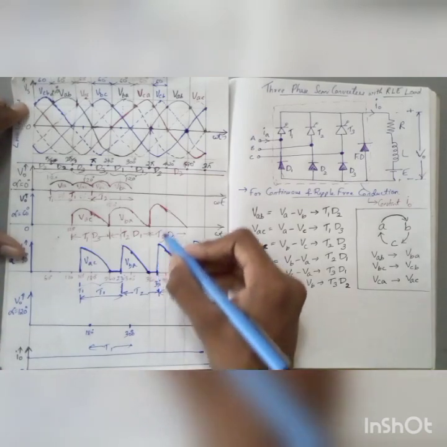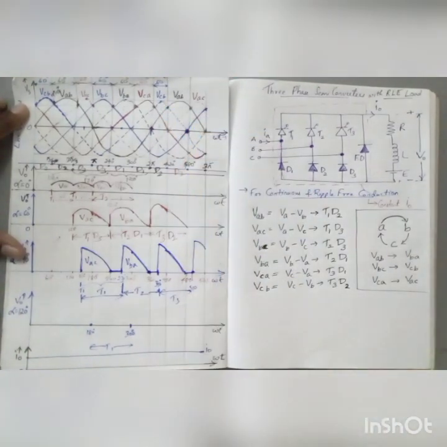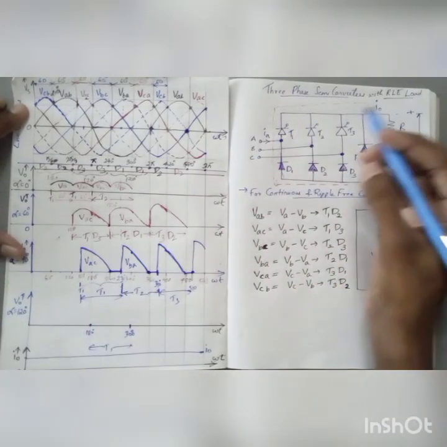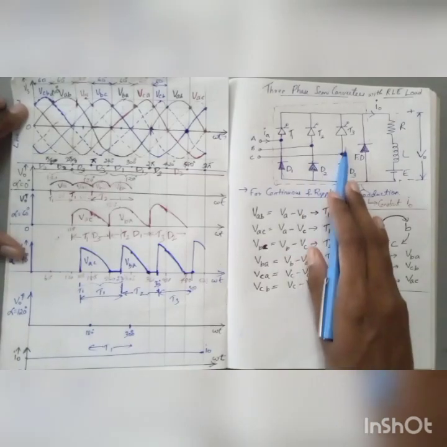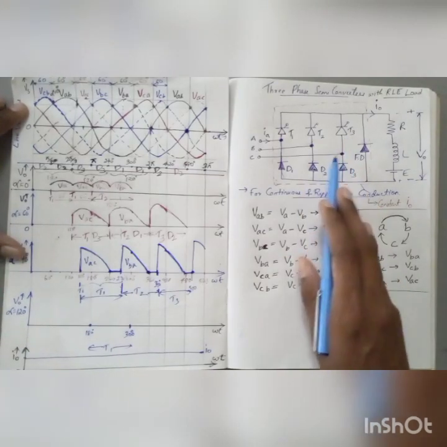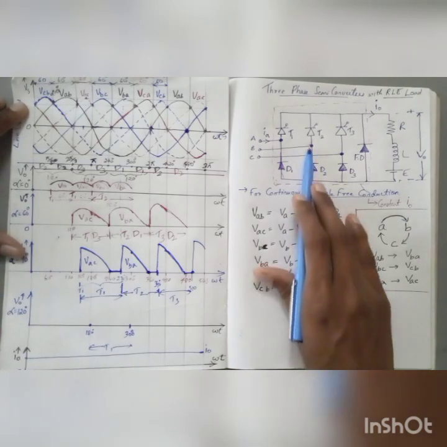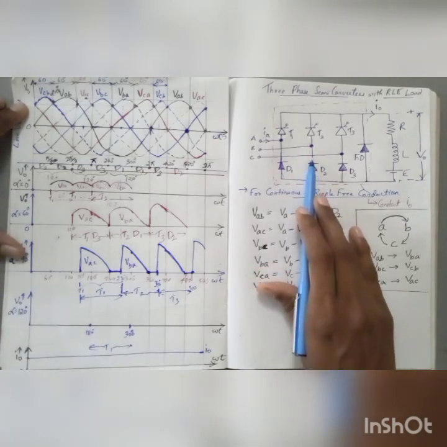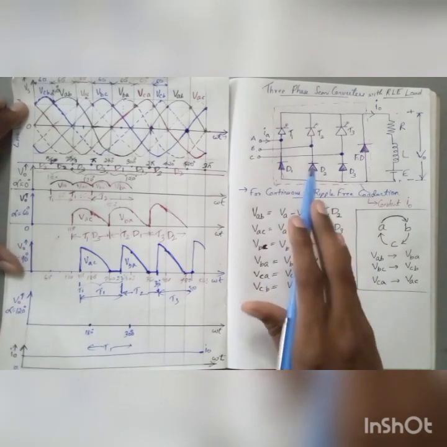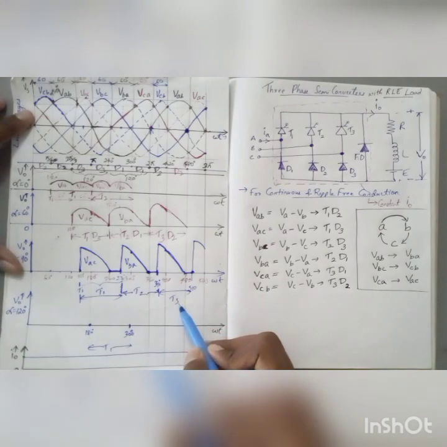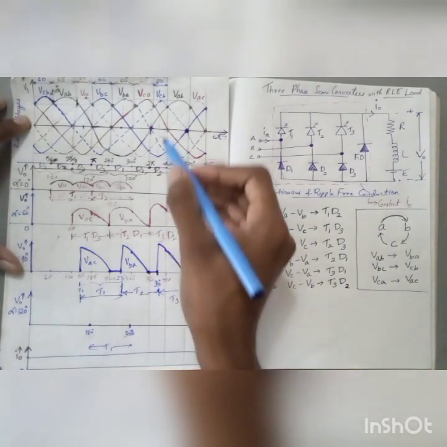Okay, T3 is triggered. At that time, what is the voltage? VCB, which means VC minus VB. T3 is getting positive and D2's cathode is getting negative, so D2 will be conducting. So T3 and D2 will be conducting from 390 degrees onwards.